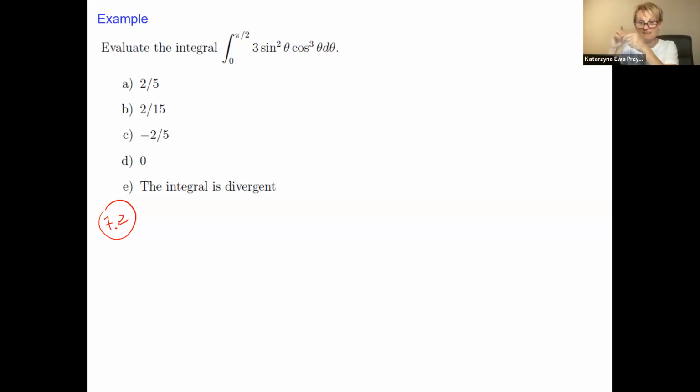We will keep sine square, we will keep cosine square, and we will keep a single cosine, and this will be reserved for the du. If this is the du derivative, we need everything in terms of sine.